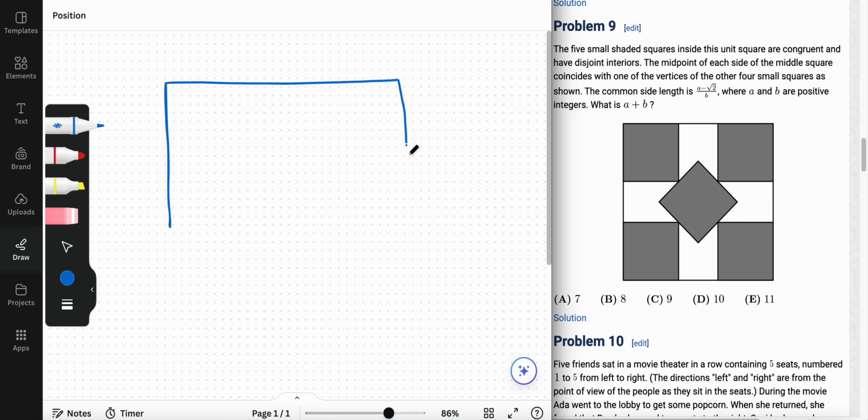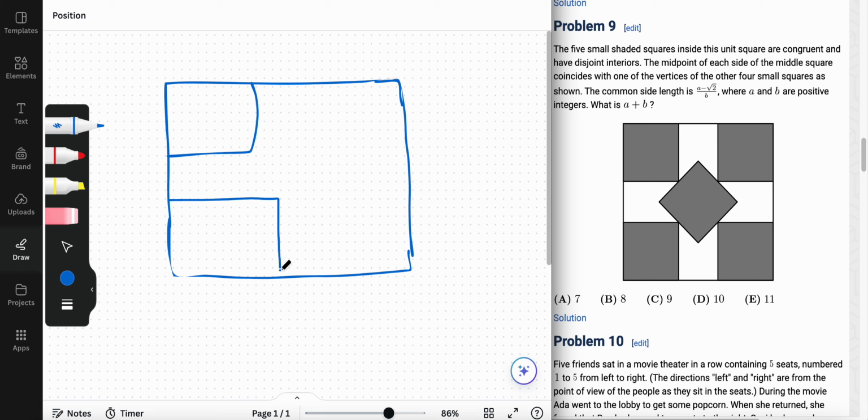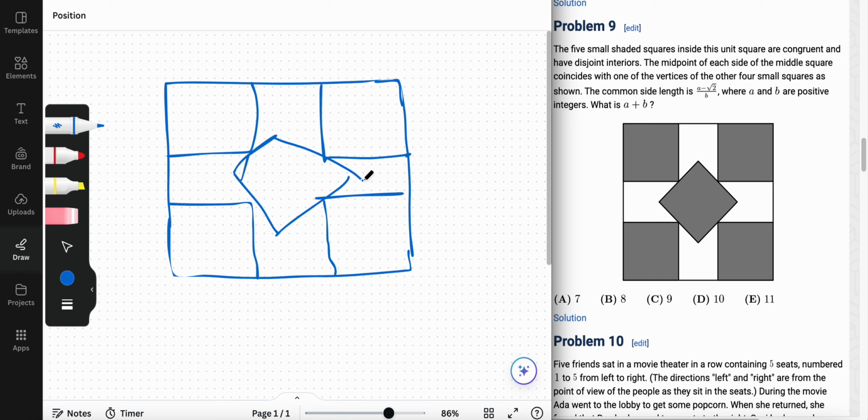So, okay, then I get one like that, one like, oops, it's not very good. Okay, and then I have a little square thingy.